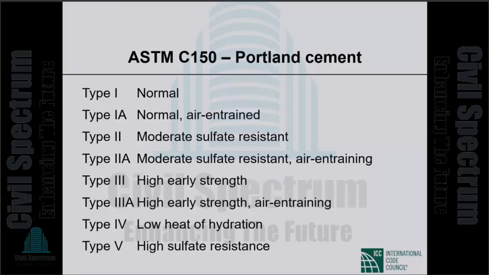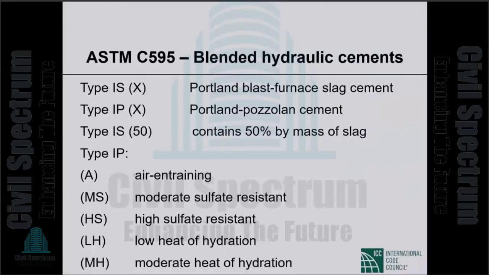And to alleviate that damage, air is intentionally entrained in concrete. That typically is done by adding air entraining admixtures to the concrete mix, but sometimes air is entrained in the cement itself at the cement plant, and that gives us the type 1A, type 2A, and type 3A Portland cements. You don't have to worry about air entrainment to the best of my knowledge.